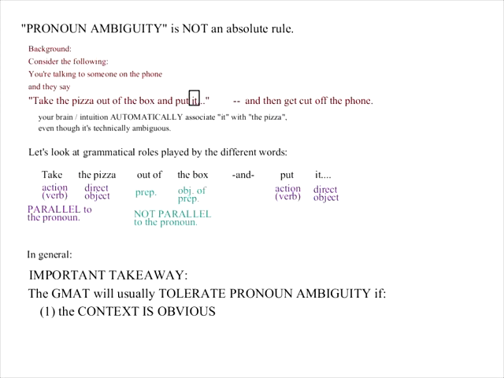We'll get to that in a second. Number two, the pronoun is parallel to the intended noun. And then number three, the pronoun is not parallel to the other nouns.